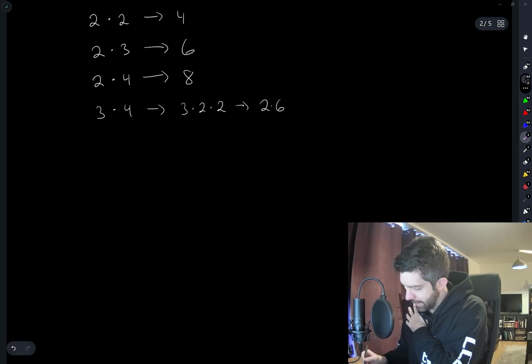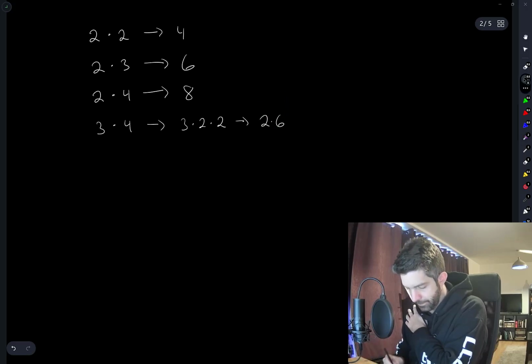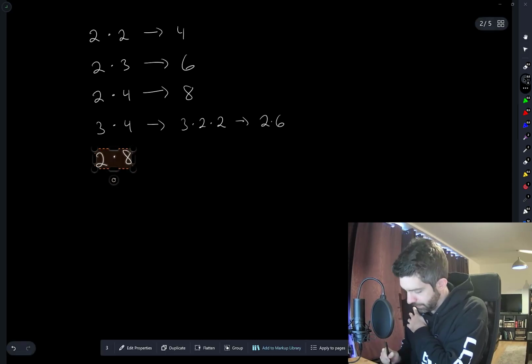Right, and I can't decompose this in any way that gives me something less than 26. What about 2 times 8? That should be fine, right? The only other way I could rearrange that would be 4 times 4, and that's 44, which is bigger than 28.